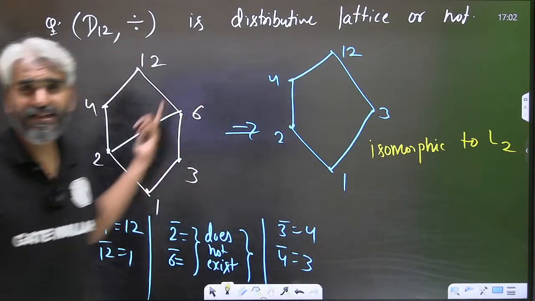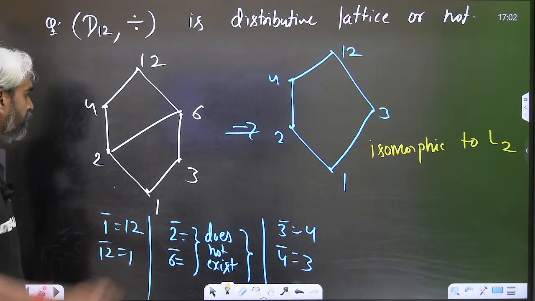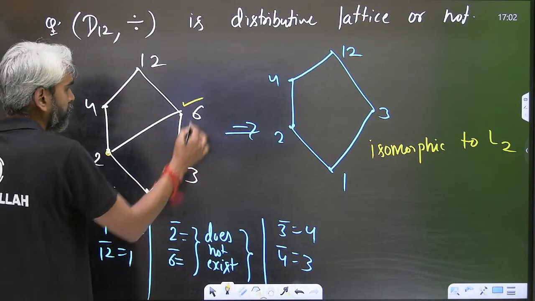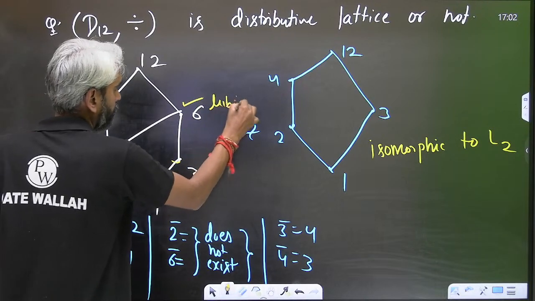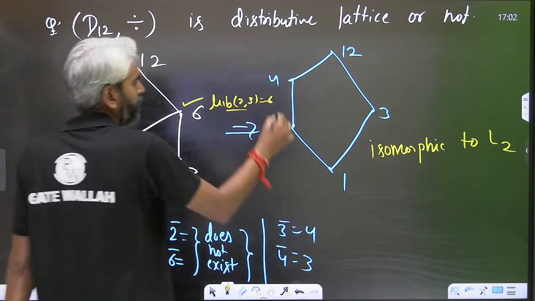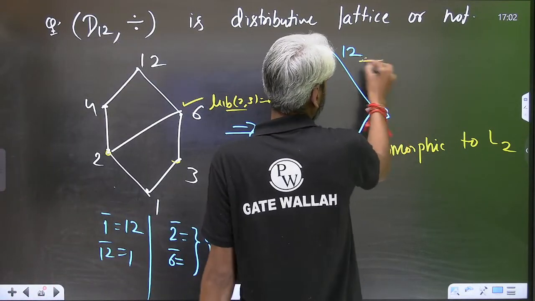But is it a sublattice of this given lattice? What is the least upper bound of 2 and 3? The least upper bound of 2 and 3 is 6.